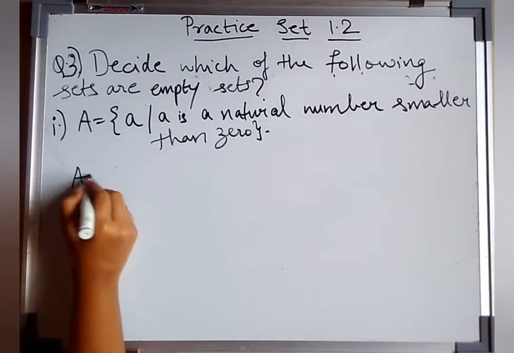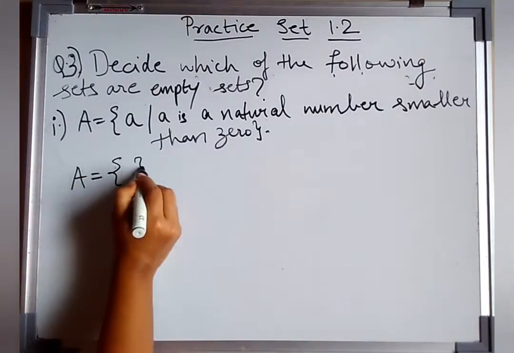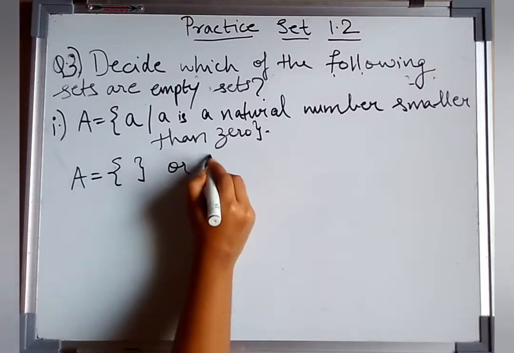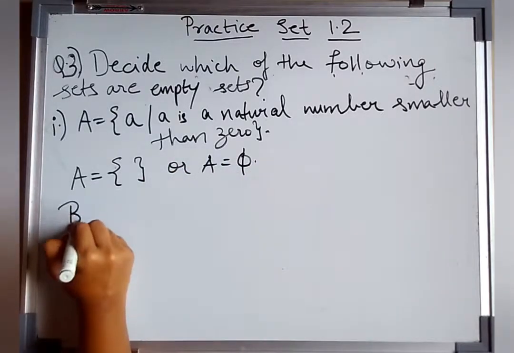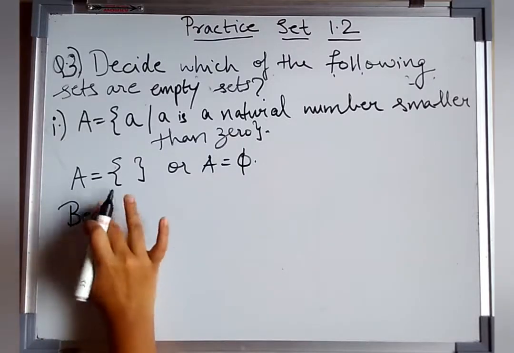So A is an empty set or a null set, because we need to write the reason also.